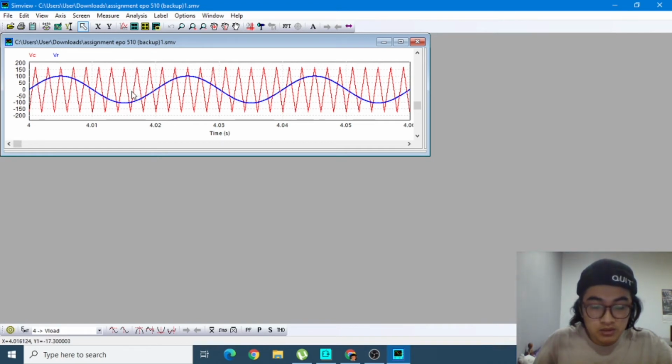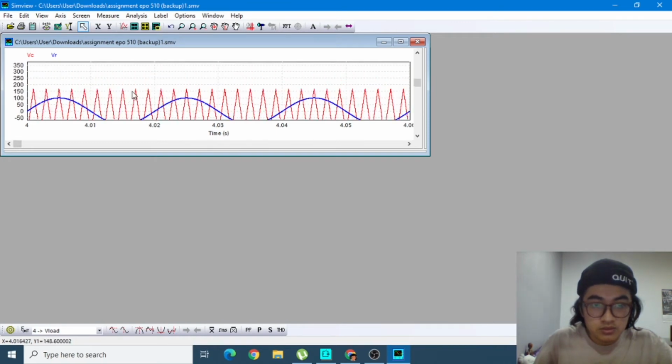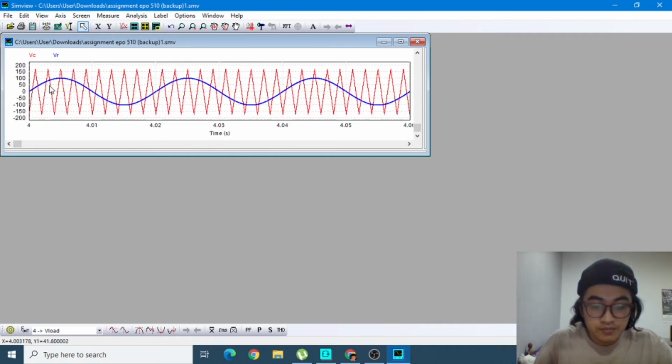There are a few characteristics for the modulating signal. The modulating signal usually gives a sinusoidal waveform, and the carrier signal gives a triangular shape. So this is bipolar.